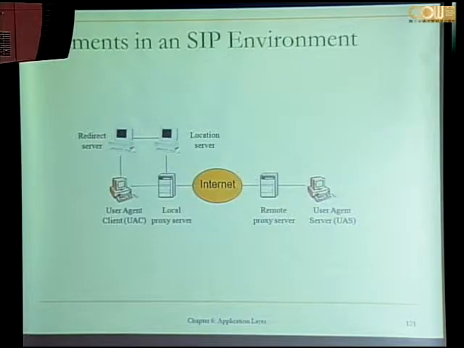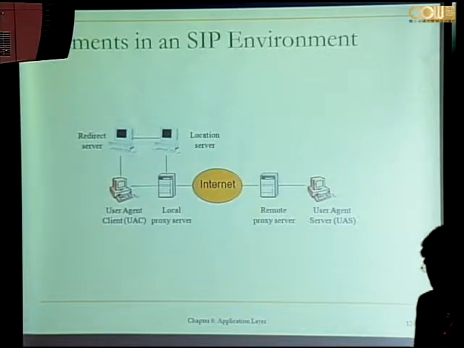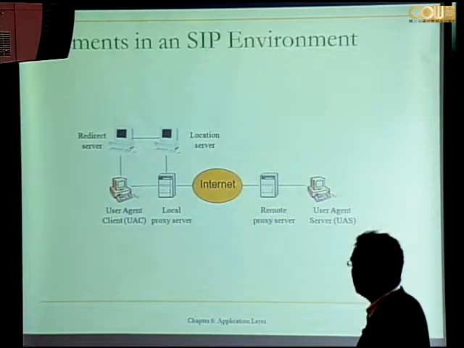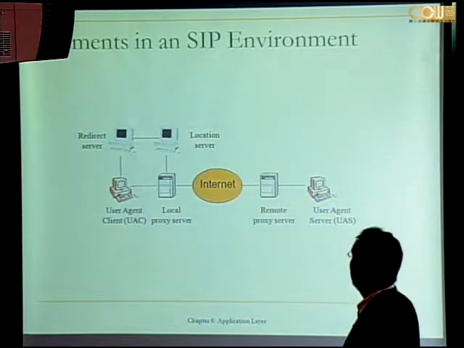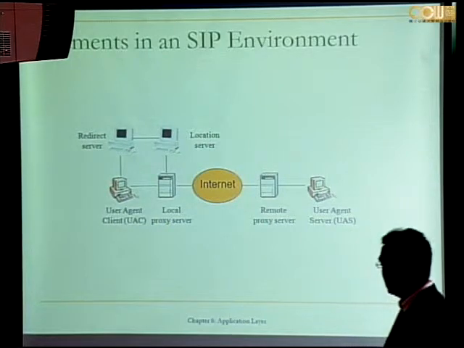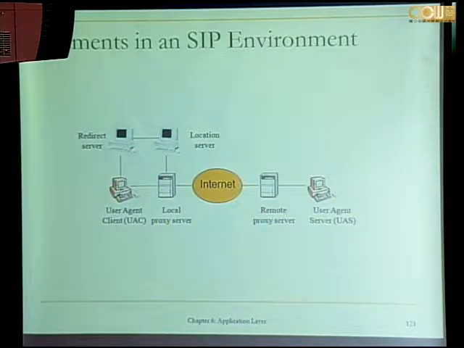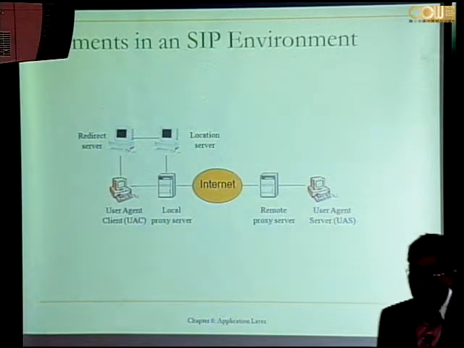So you also have what they call the UAC, the user agent client, which will be a phone, either a hardware phone or software phone, and then connected to a local proxy server. And there could be other redirection servers or location servers to help the client to locate the callee.